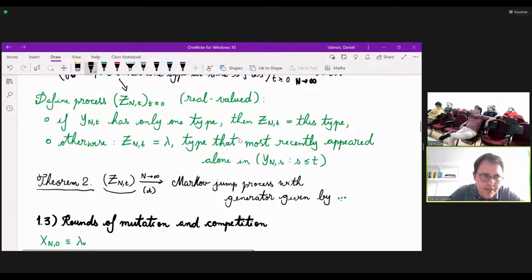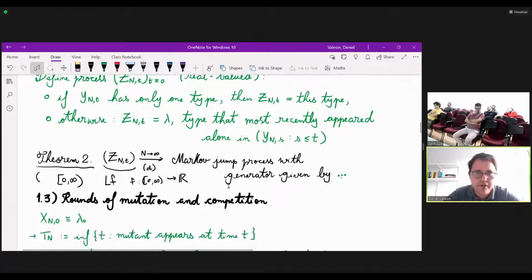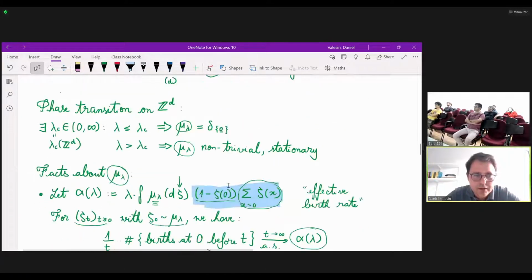It lives on (0, infinity). To define it, it's sufficient to present the generator evaluated at a function f, a smooth bounded function from (0, infinity) to R.